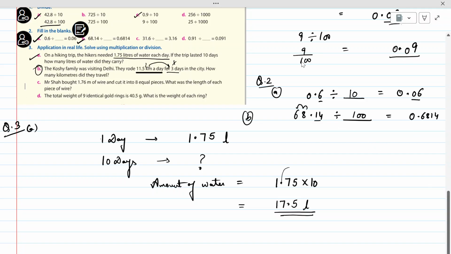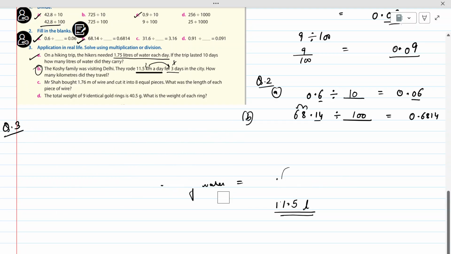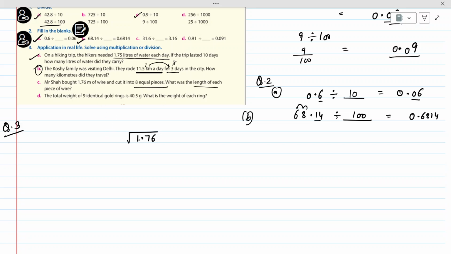Next, we have Mr. Shah bought 1.76 meters of wire, and then he's cutting it into 8 equal pieces. What was the length of each piece? This is easy. The total length is given to us as 1.76, and we are cutting into 8 equal pieces. We have to find the length of each piece. That can be done by dividing, right? So let us divide. 1 is less than this, so we are considering 17.